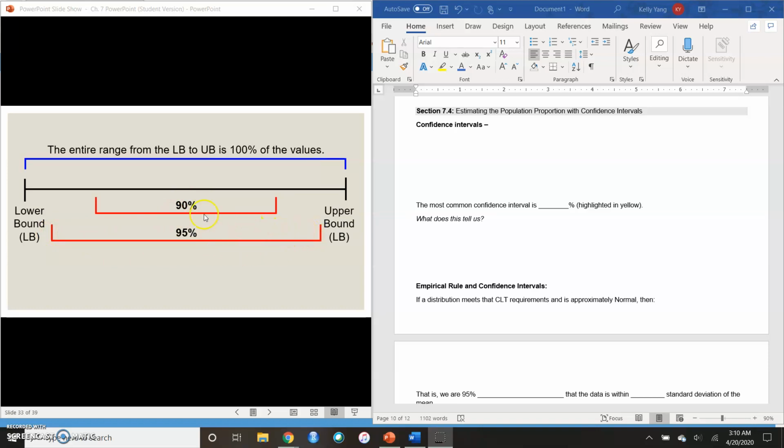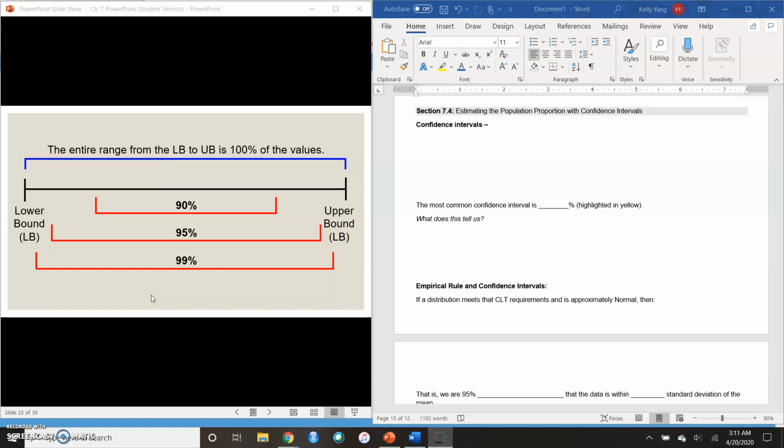We're saying that our parameter can be contained in this second red region. But when we're 99% confident, we're saying that our unknown parameter will be contained somewhere in this whole region right here.